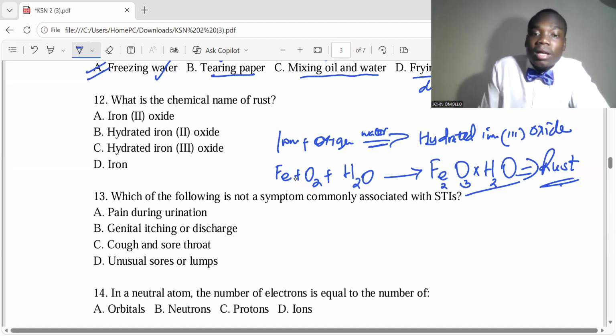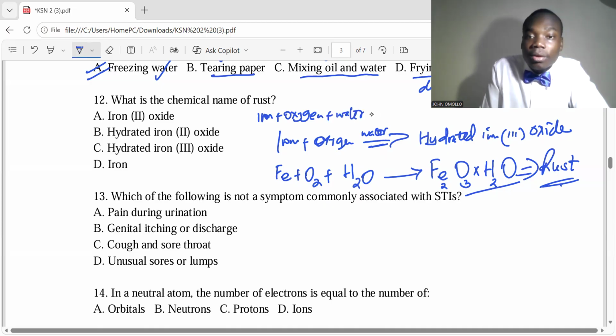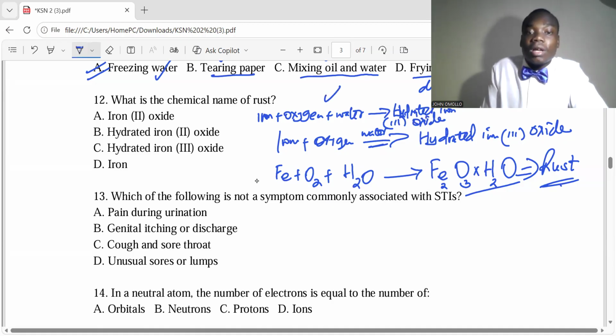So in that case, when you are asked the word equation, you are supposed to say iron plus oxygen plus water will give you hydrated iron 3 oxide. Sawa sawa. So this is the word equation, and this one is called chemical equation.